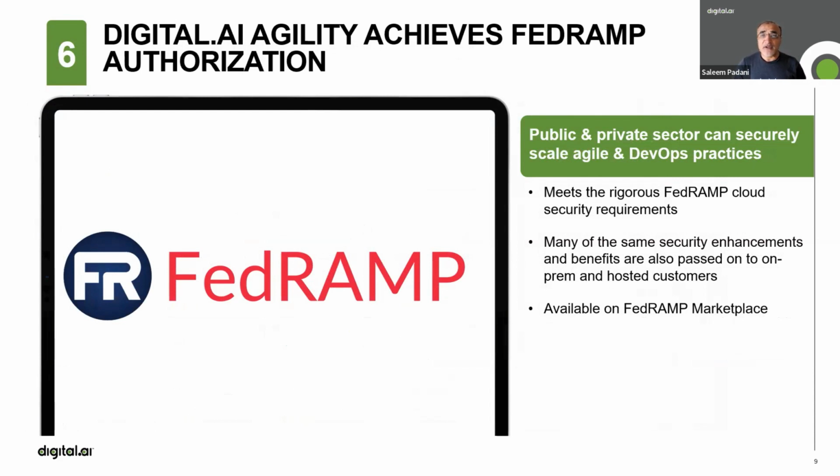And of course, with this approval, any government agency, as well as our commercial customers looking for a secure hosted version of the industry-leading enterprise agile planning solution, can now do so without having to go through a long and complex review process, which, by the way, not every CSP can go through. So we are very proud of this accomplishment here at Digital.ai.